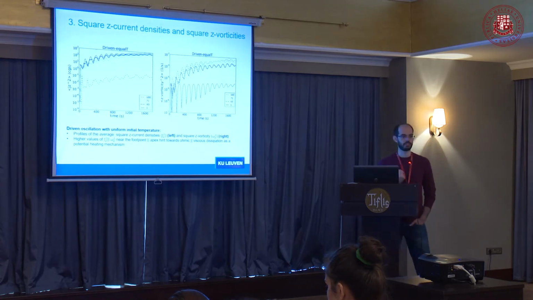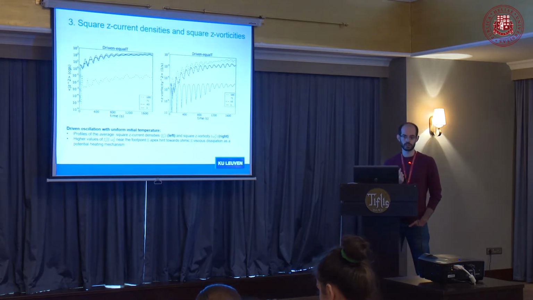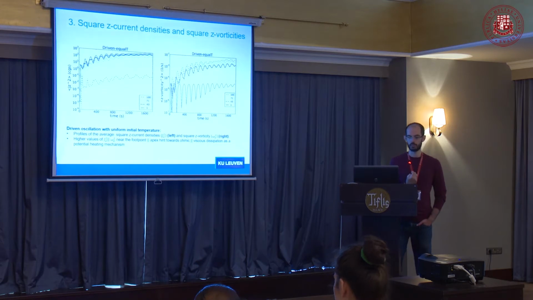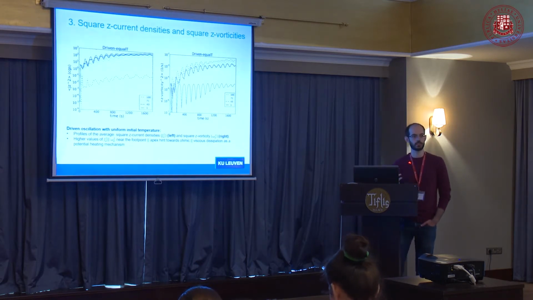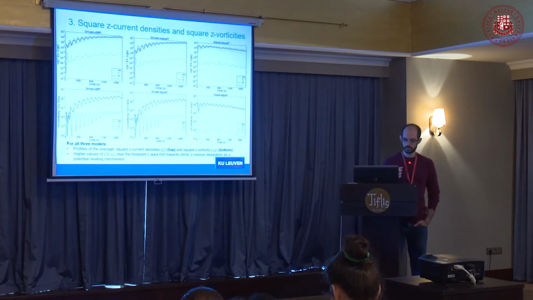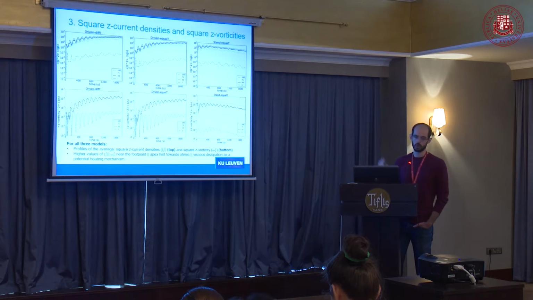If we get a very high temperature near the foot point, then we would expect it to be due to resistive heating. Again, if we find larger temperatures near the apex, they should be because of the viscosity. This is also the case for the other two models that we have. So the results that we're going to find should be applicable to all three models considered here, of course.